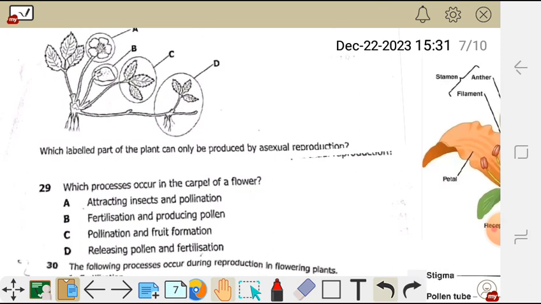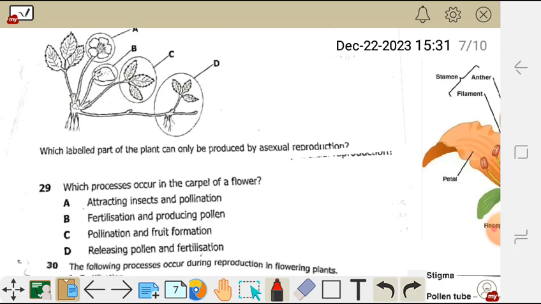So which process occurs in the female part, which is the carpel? Option A says attracting insects and pollination. What attracts the insects is the colored, bright part of the flower.